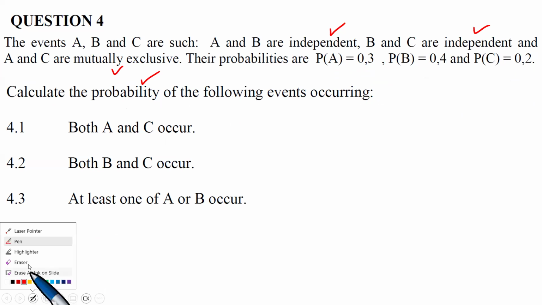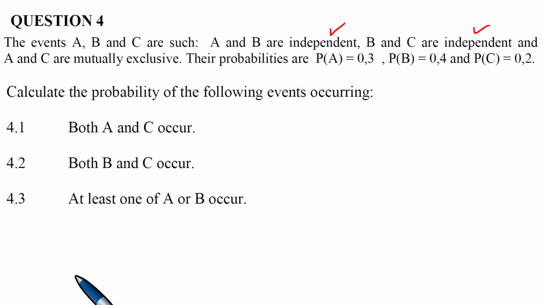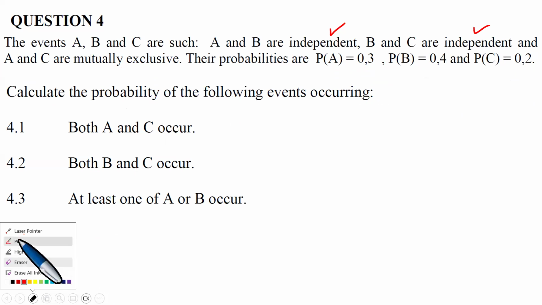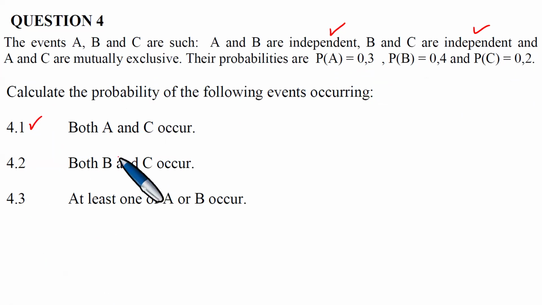Right, first things first, we shall focus on question 4.1. And what is question 4.1? Both A and C occur. Calculate the probability of the following, that both A and C occur. But first things first, what do we know here? We know that A and C are mutually exclusive events.